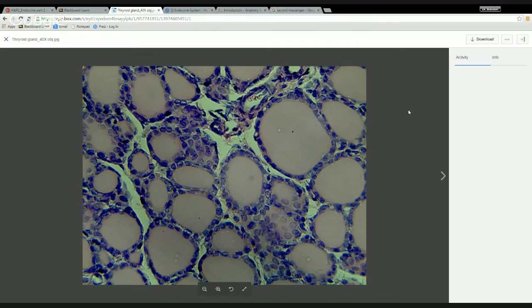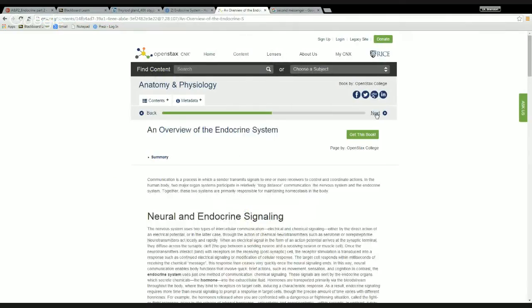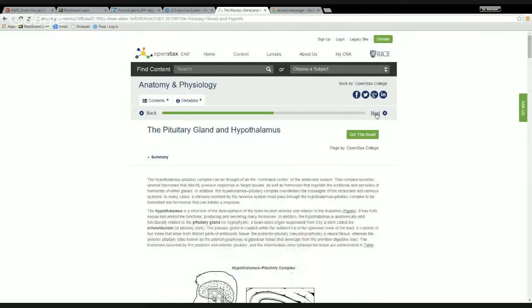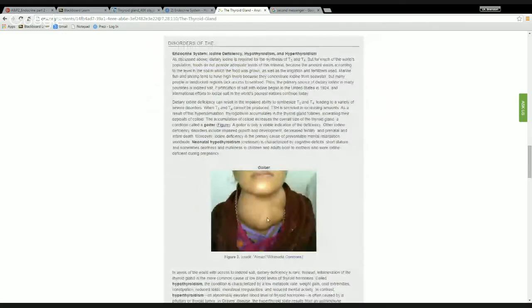That's very, very obvious. There's a picture of it in the book, actually. It's called a goiter. So here's a picture of a goiter. And because of the lack of iodine, the thyroid gland starts sort of growing out of control and causes problems.